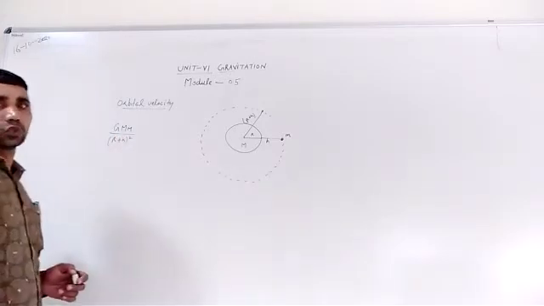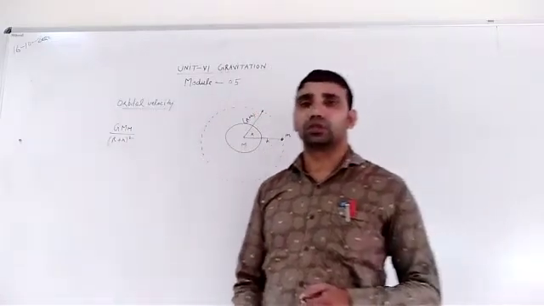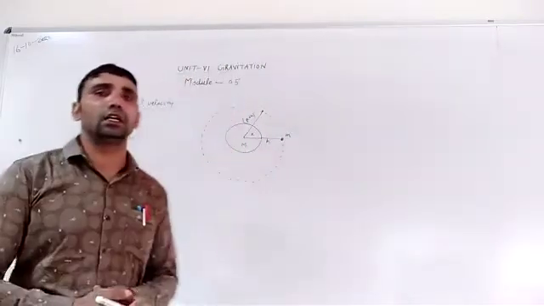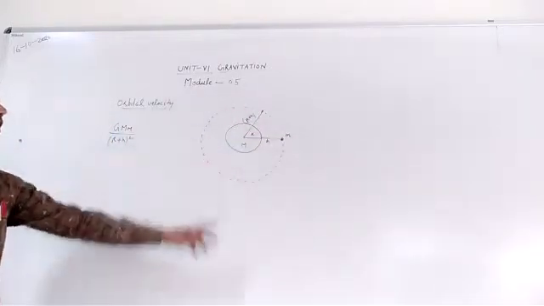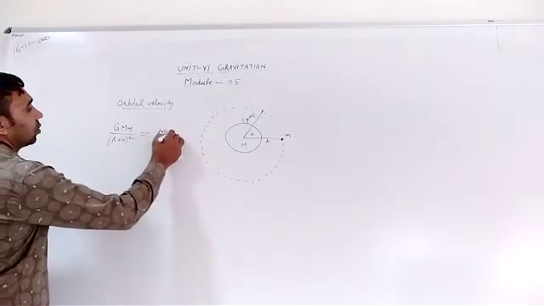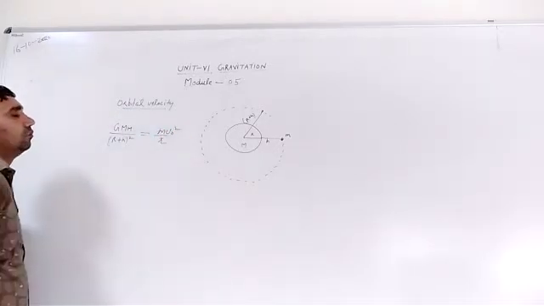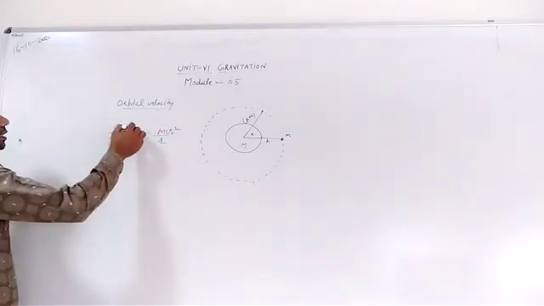This force of attraction will provide the centripetal force. With the help of this centripetal force, this satellite moves in this particular orbit. So centripetal force is m v naught square divided by (R plus h). V naught is the orbital velocity. Now small m cancels out.